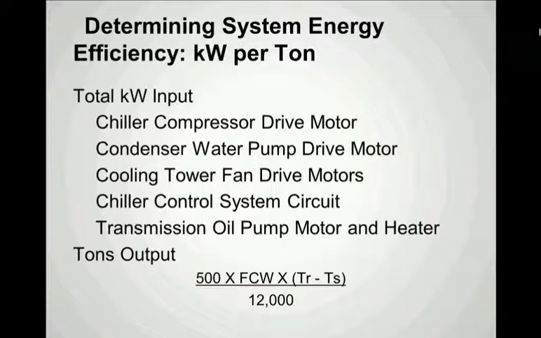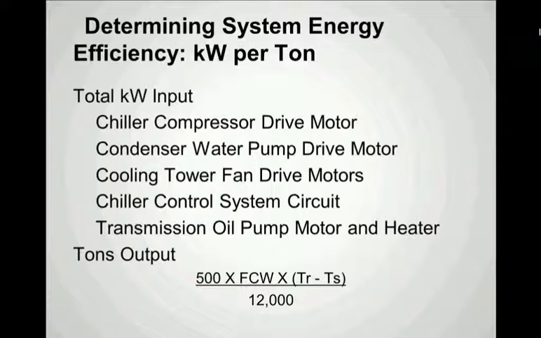These all consume energy. The output, as we mentioned previously, as measured by either the chilled water flow and temperature differential, the tons of output can be calculated using this simple formula to give us the tons of load or output.